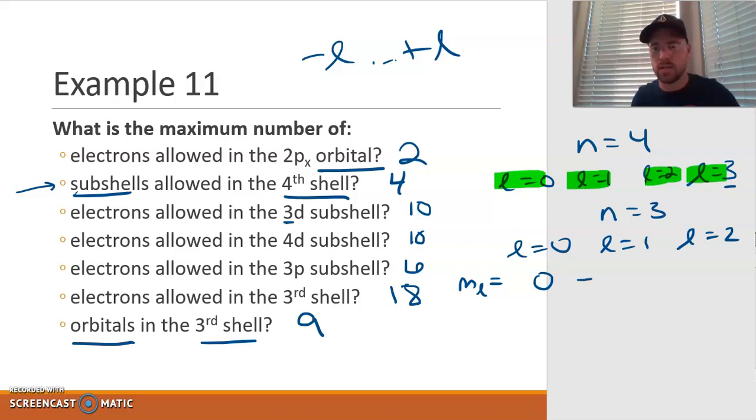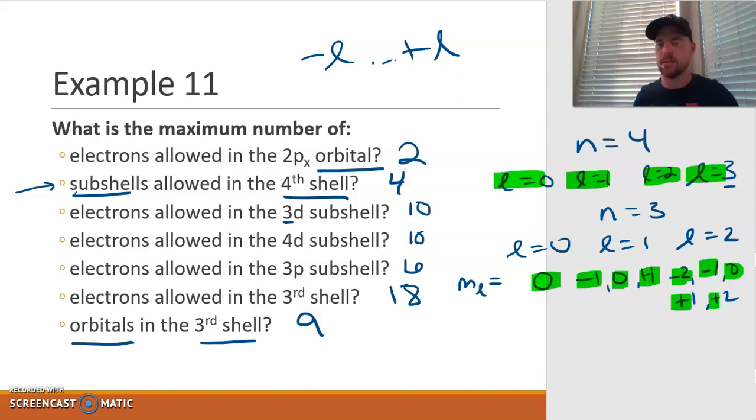For L equals 1, it's negative 1, 0, and positive 1. And for L equals 2, it's negative 2, negative 1, 0, positive 1, and positive 2. Every single one of those numbers is an orbital. 1, 2, 3, 4, 5, 6, 7, 8, 9. So it's another way you could have solved that problem.